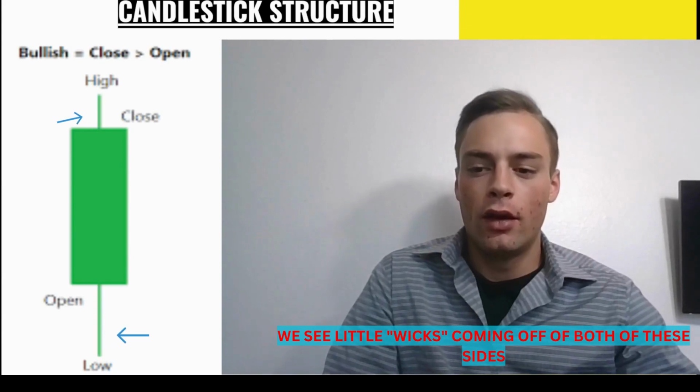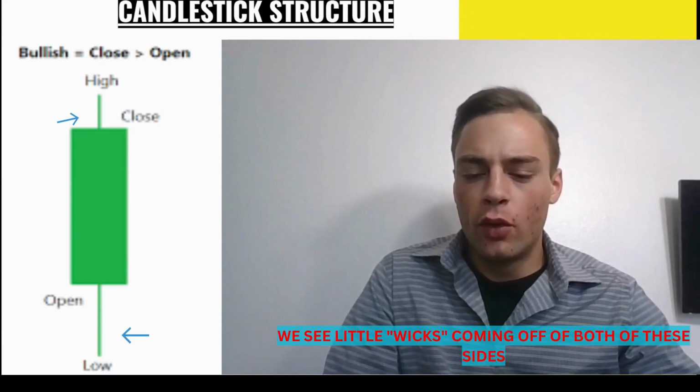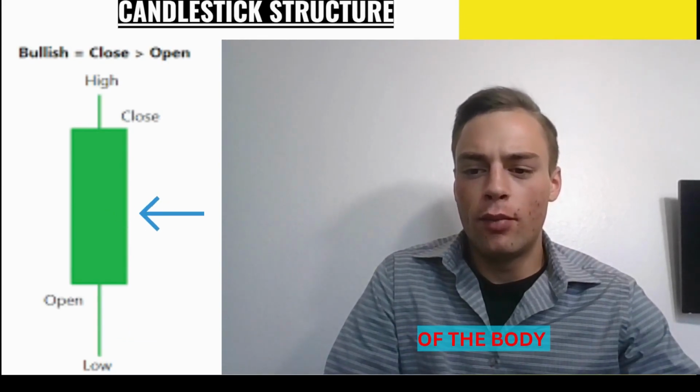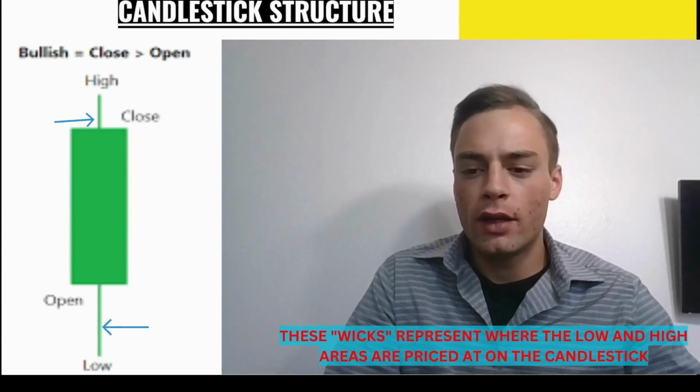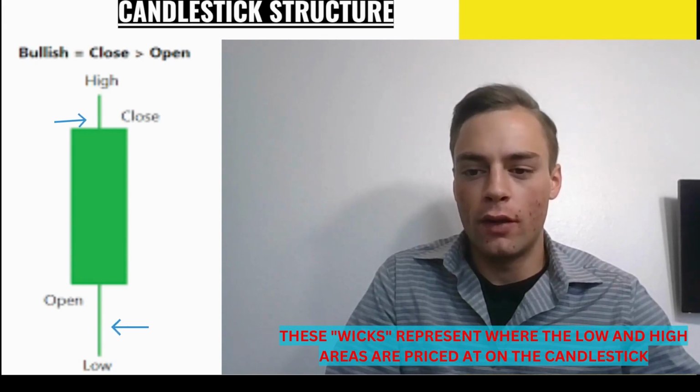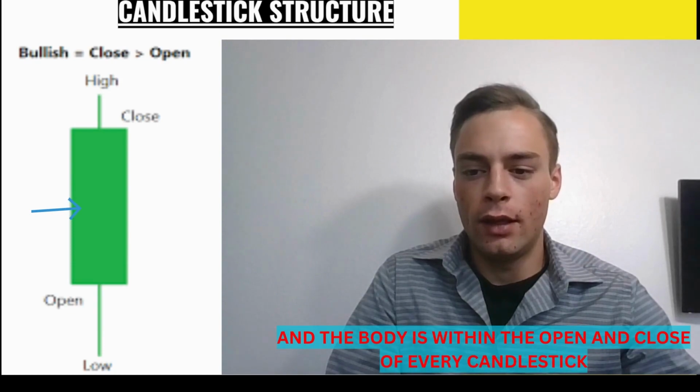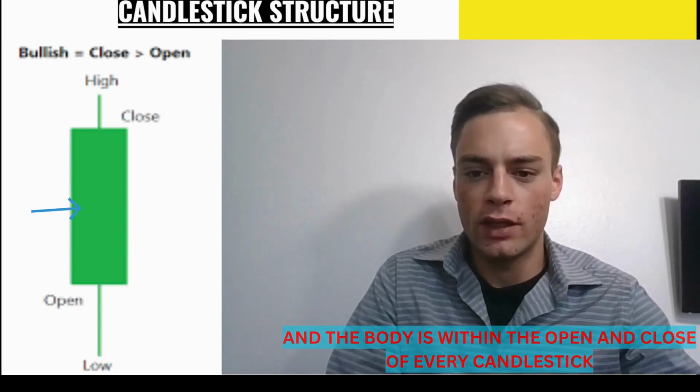We see little wicks coming off of both of these sides of the body. These wicks represent where the low and high are priced at on the candlestick, and the body is within the open and close of the candlestick.